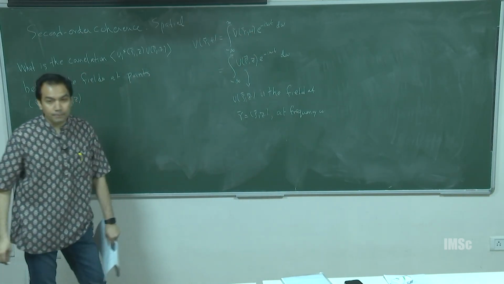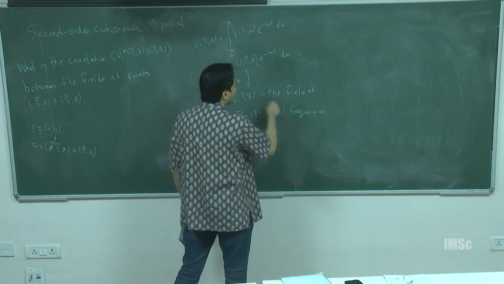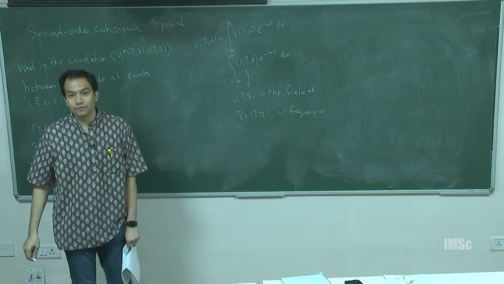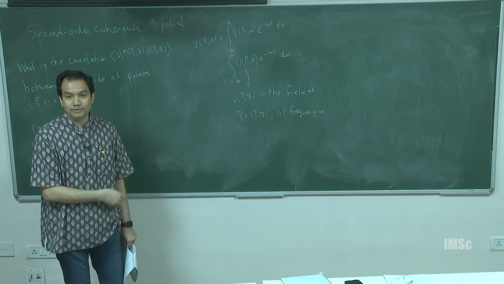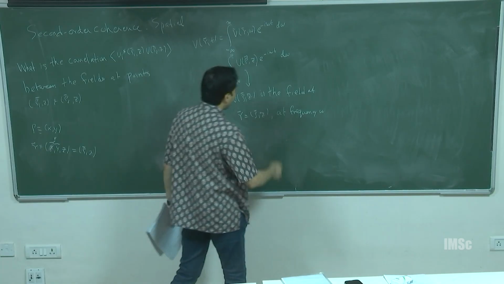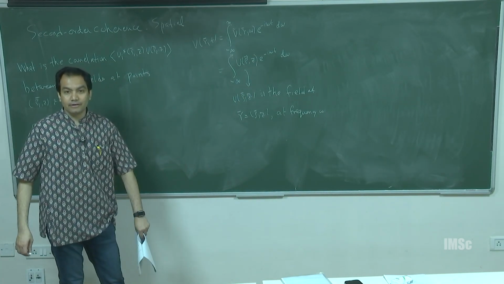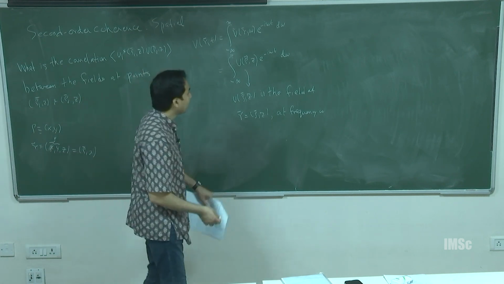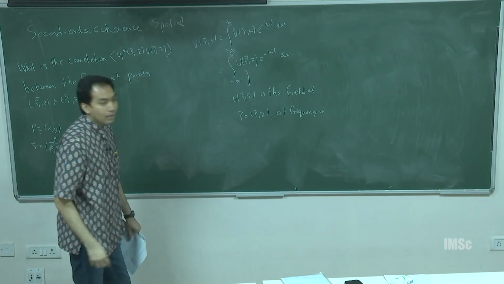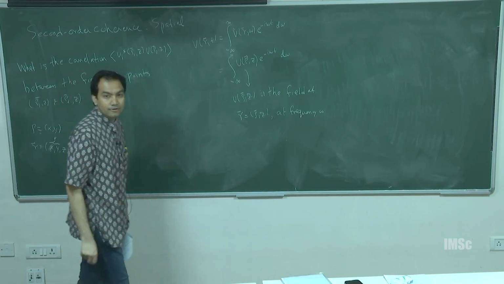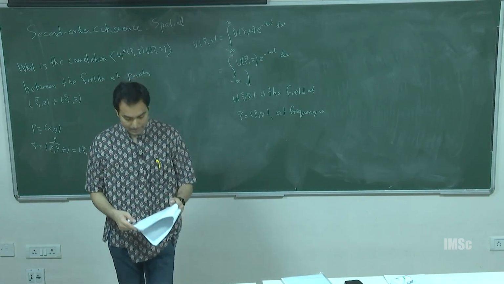We are just dropping that label because we don't want to write down too many labels that we won't be using. We are not interested in temporal coherence anymore, so we are not interested in explicitly writing down the frequency in the argument. We are only interested right now in spatial coherence. So that's why we are simply writing the field in terms of rho and z, the transverse spatial variables, and z, the direction of propagation.